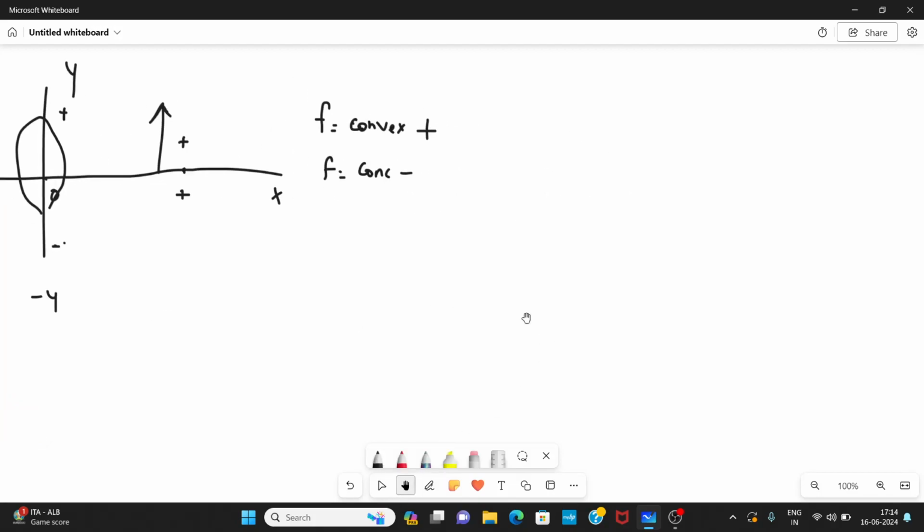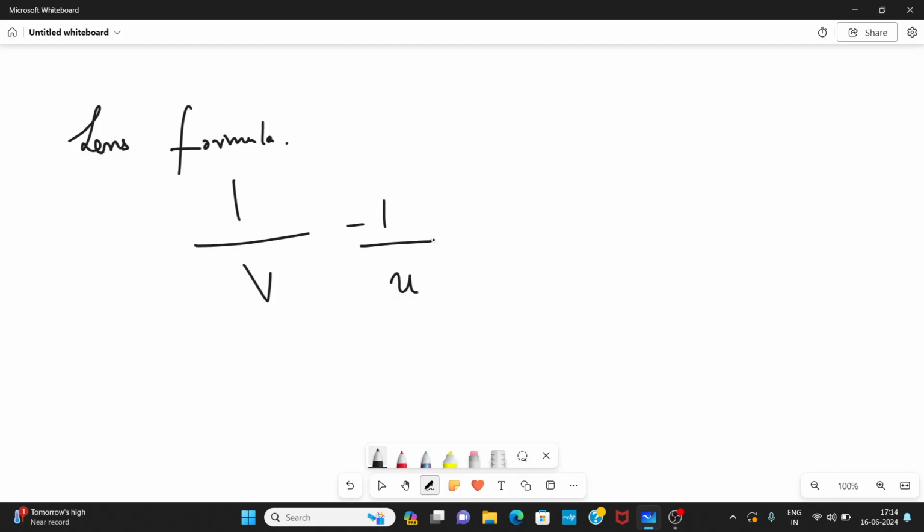Now moving on to the lens maker's formula. It is given by 1 by v minus 1 by u is equal to 1 by f.